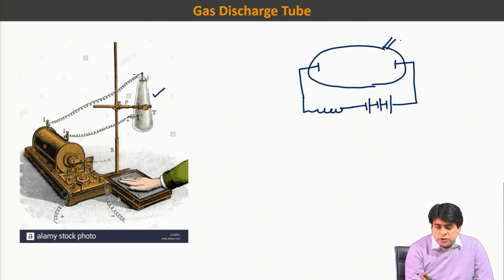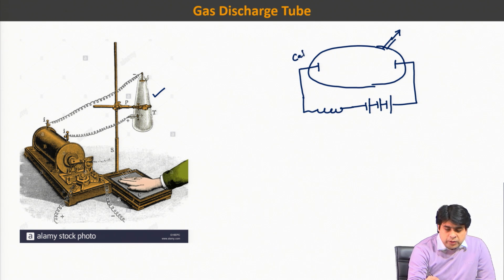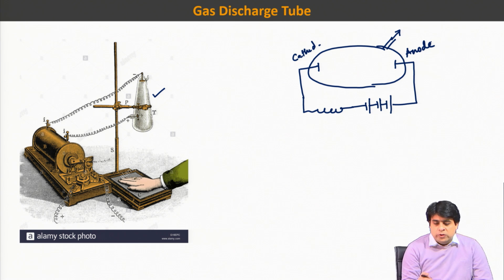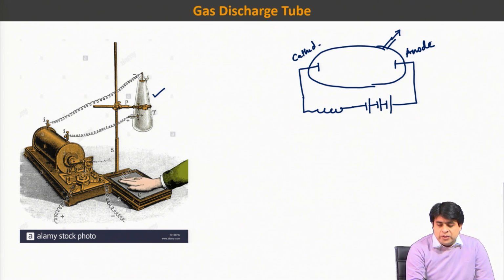The tube was made of glass, and there was a cathode and an anode, connected with a series of batteries and an inductor, or choke, so there was a potential difference in this connection.